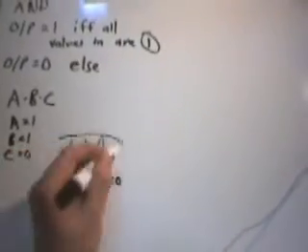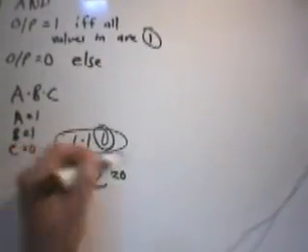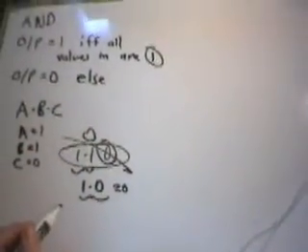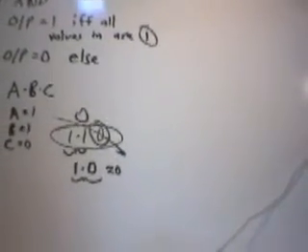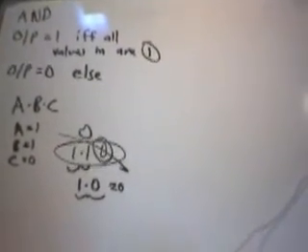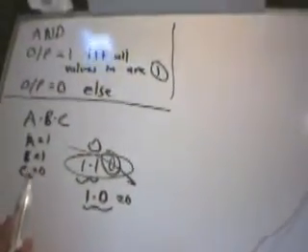But all you have to do is look at this and see that we have a 0 in the ANDed together terms, so we know that this is 0. So whenever there's a 0 in an ANDed term, you know that the answer is 0. The only way it can ever be 1 is if everything is 1. So that's AND for you. That's basically the best definition I can give you for AND.